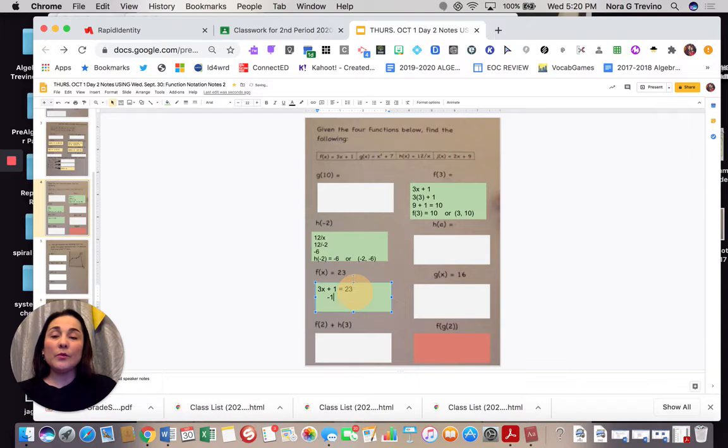First thing to do is move the 1 by doing the opposite. So I'm going to subtract 1 from both sides. When I do that, I end up with just 3x on the left because the 1 minus 1 cancels, equals 22 on the right because 23 minus 1 is 22. Then finally, I'm going to have to divide by 3 on both sides.